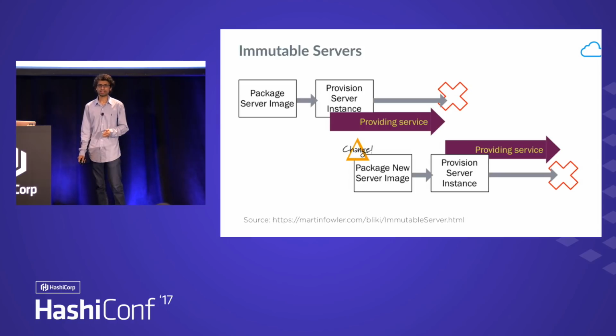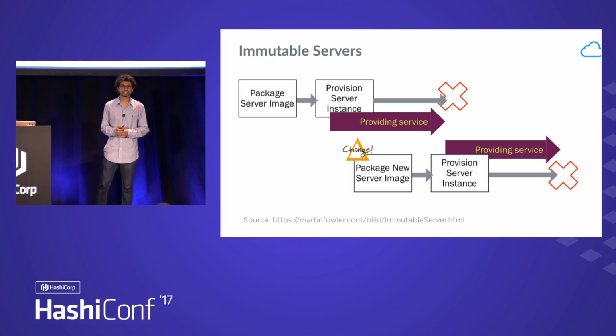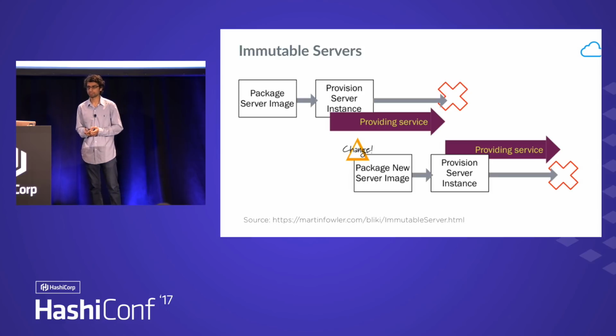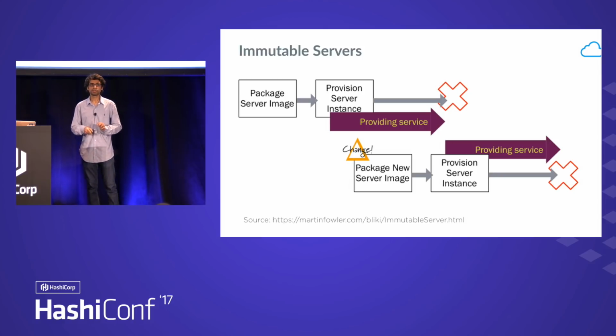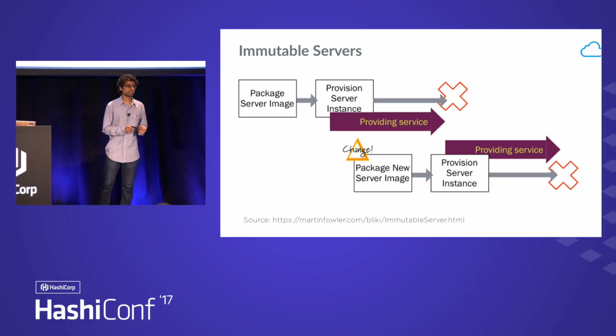In this scenario, instead of provisioning just a base OS server, you provision an instance that has everything that you need for a service to run. So you bake everything that you need for a particular service into an image, and you deploy that image as an instance. Now, if you need to make changes to your instance, you don't change the live running instance. Instead, you make a change to your base image, and you redeploy the instance. So you're always starting from some sort of known state, and this allows versioning of your infrastructure.